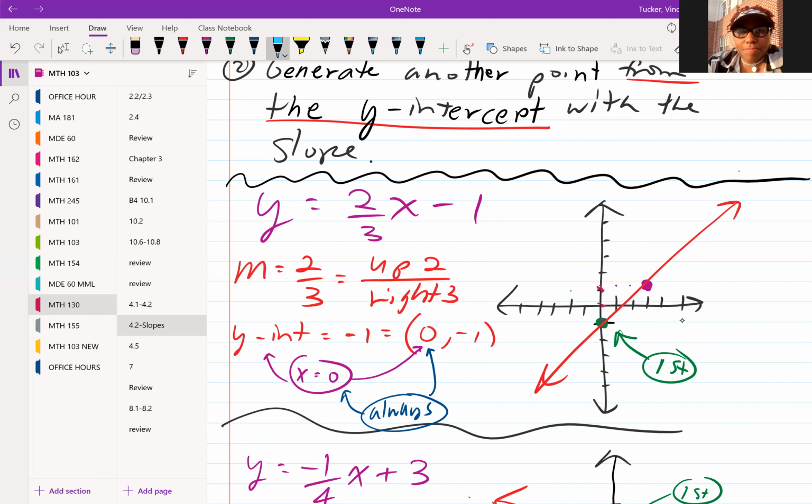Positive moves are up, right; negative moves are down, left. Any questions on that? That's it. Then you connect your dots. That's your line. Everybody good? Go to the next one.